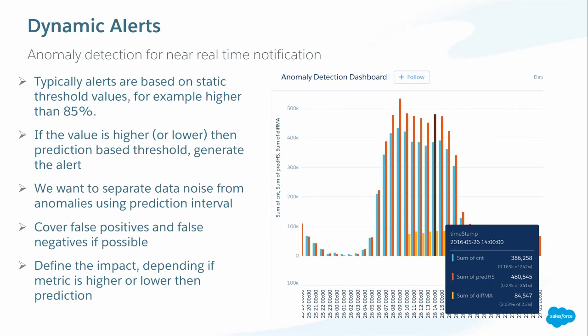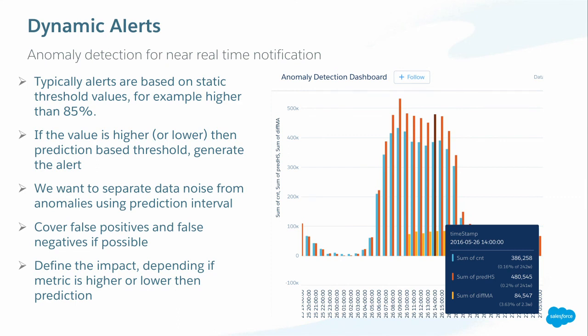It might be a business indication that you need to add more people in your business process to support any activity you're trying to do, marketing or sales or service. But if it is lower, that usually means a lack of activity. That is also something you might notify your team about, so that they can act based on that.